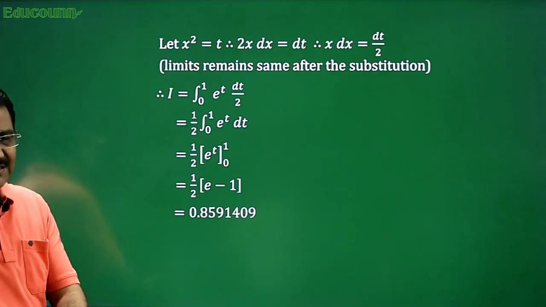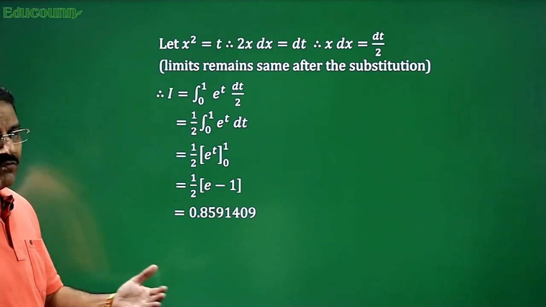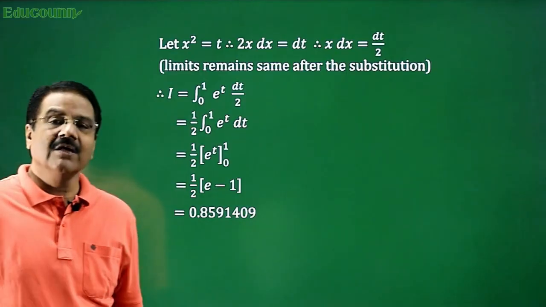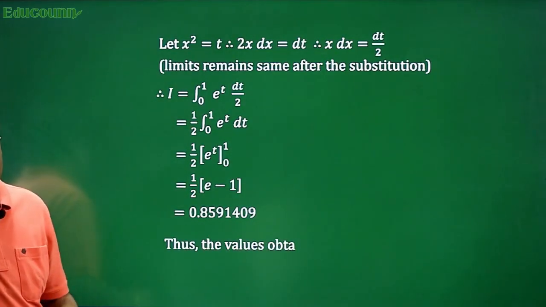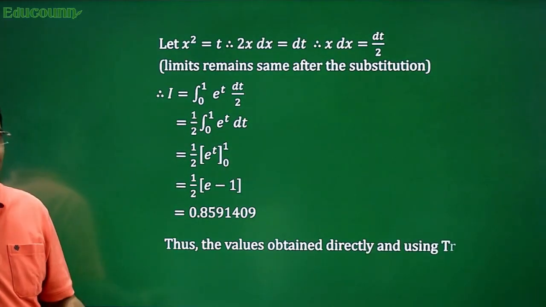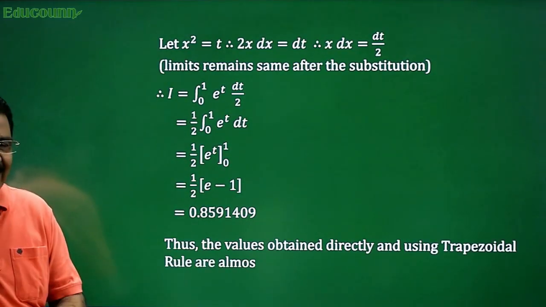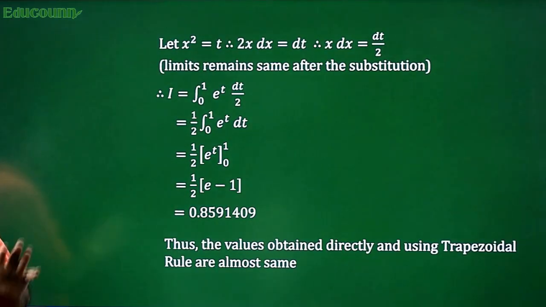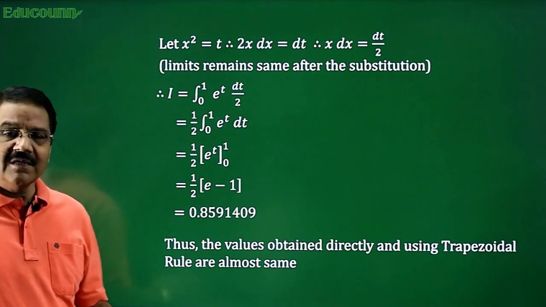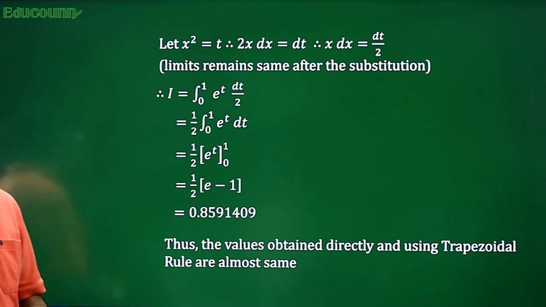Now we can compare this exact value with the value calculated using the trapezoidal rule, and you will see that they are almost the same. So this is the concept of the trapezoidal rule that we have seen using this example number 1.